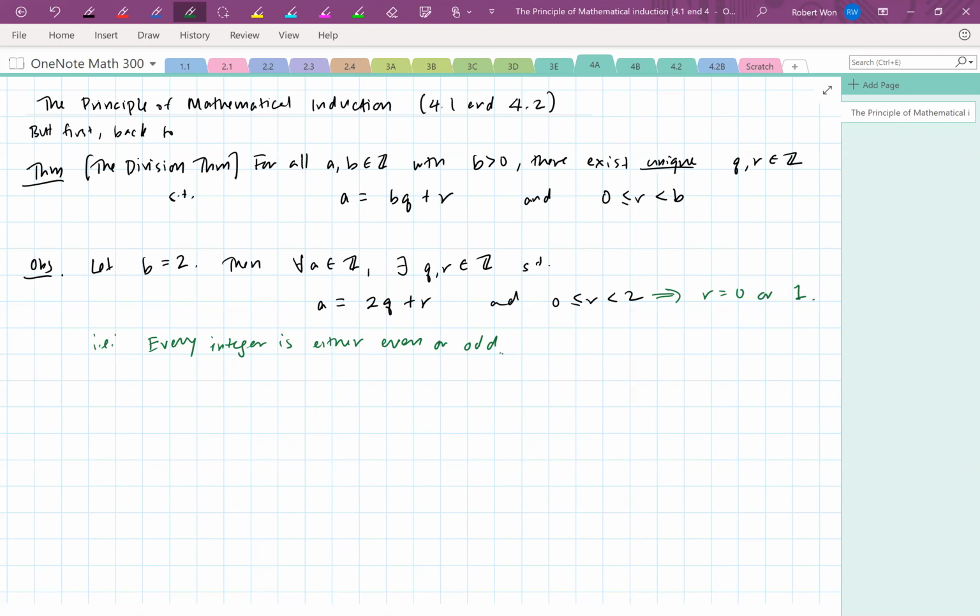And I guess, but not both, right? Because the q and the r are unique. There's only one way to do this. So once we prove the division theorem, we'll also get that theorem for free.